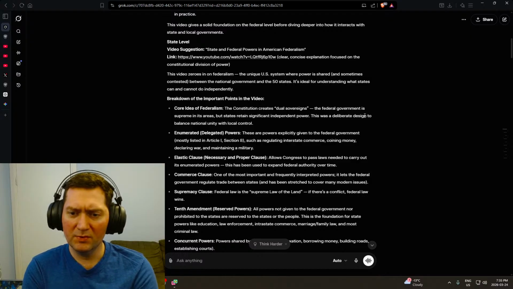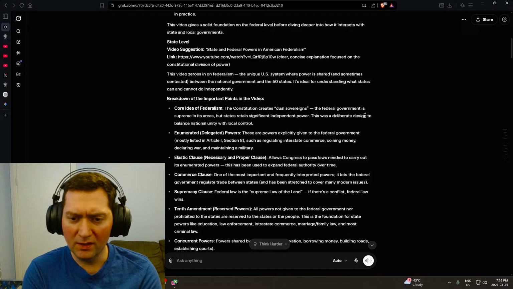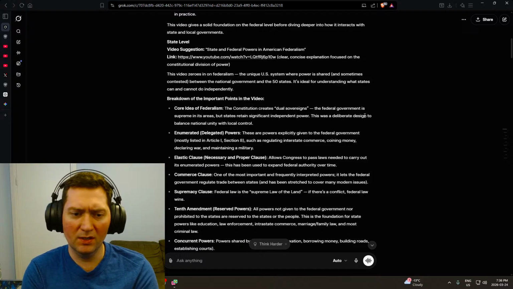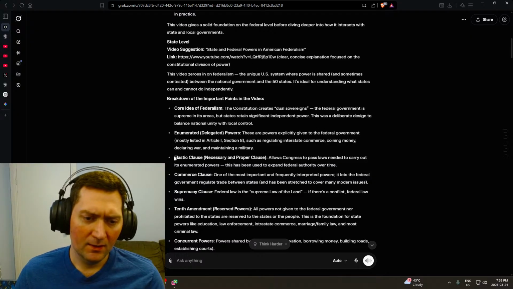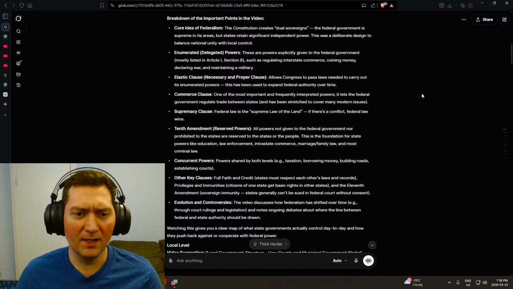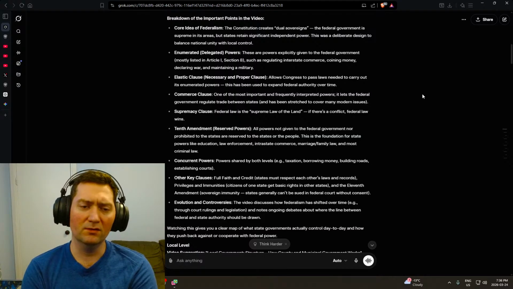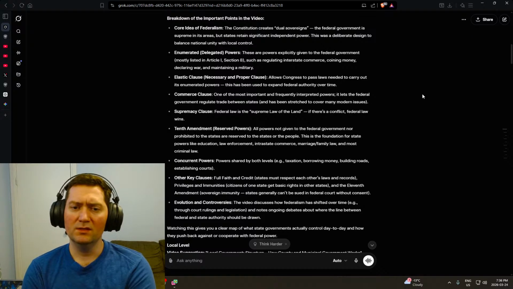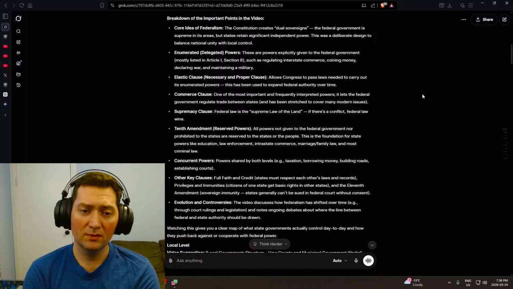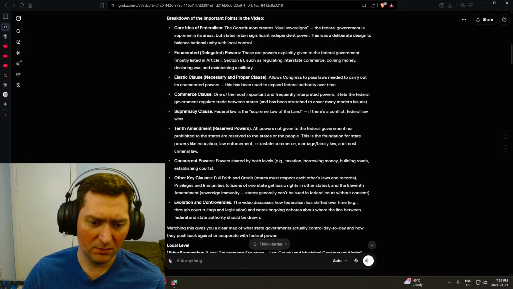These are powers explicitly given to the federal government, such as regulating interstate commerce, coining money, declaring war, and maintaining a military. The elastic clause allows Congress to pass laws needed to carry out the enumerated powers. This has been used to expand federal authority over time. It's just going through all the things we just learned.